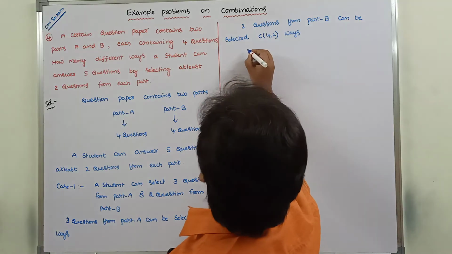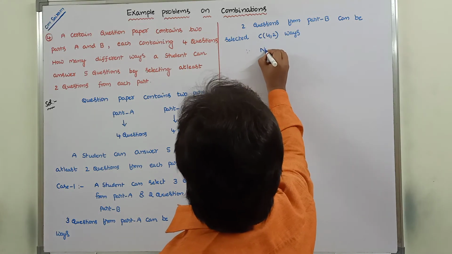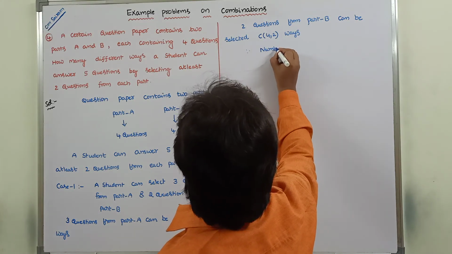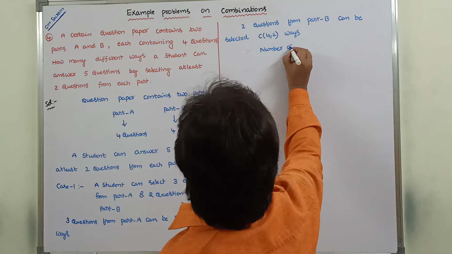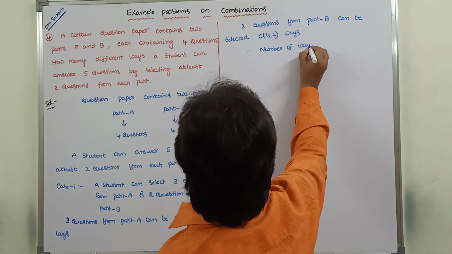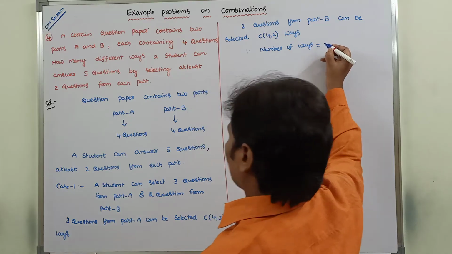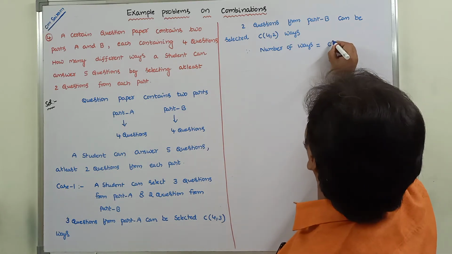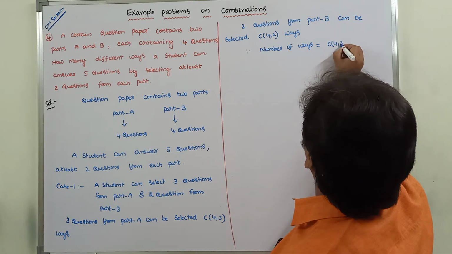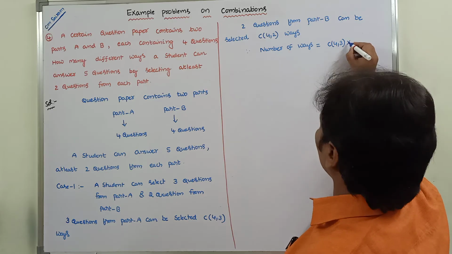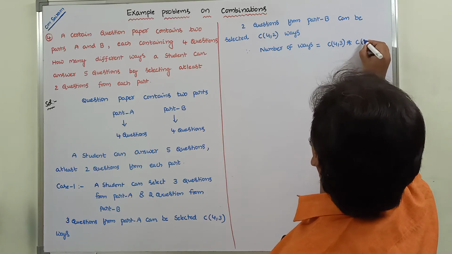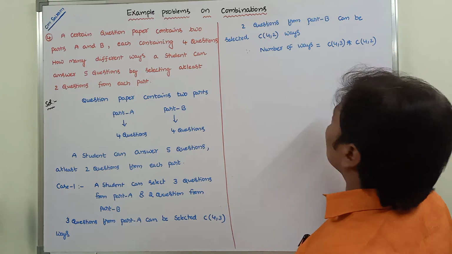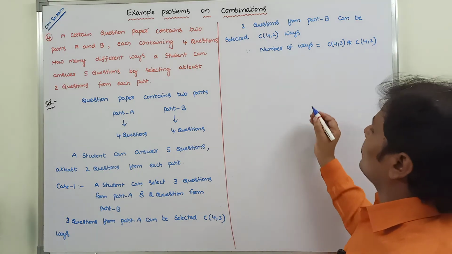Therefore, the number of ways is equal to C of 4, 3 into C of 4, 2.